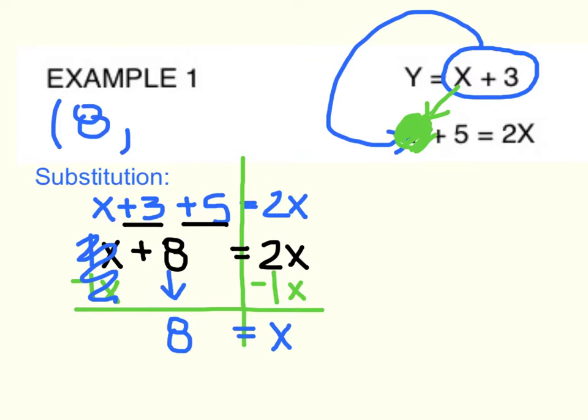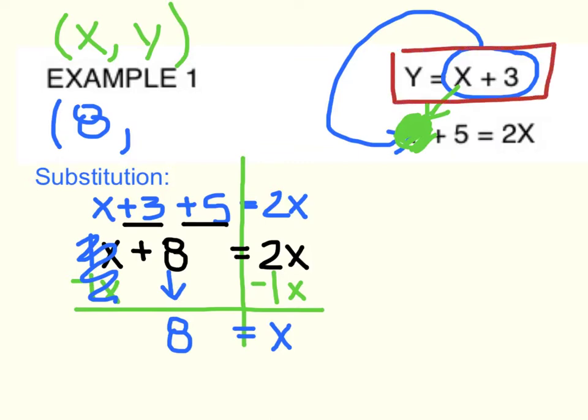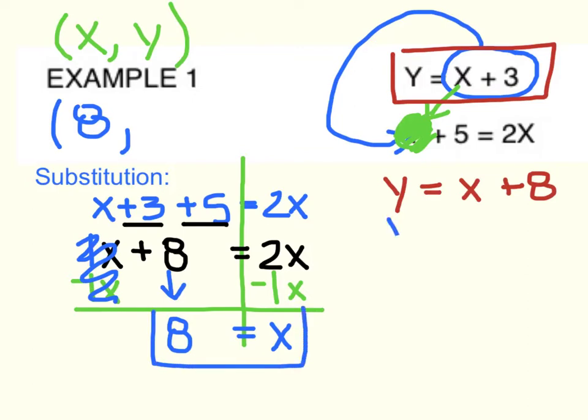Notice I'm writing this like an ordered pair, where the first number is x, and then y. Well, now that I know that x is 8, I can figure out what y is a lot easier by using this first equation. So y equals x plus 8. Notice I can substitute, right? Because what do we know x is? We know that x is 8. So I'm going to rewrite it to say y equals 8.